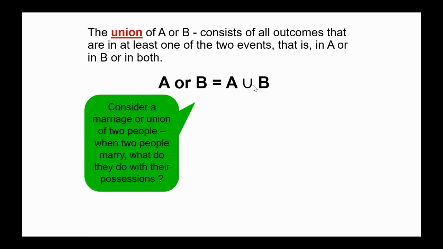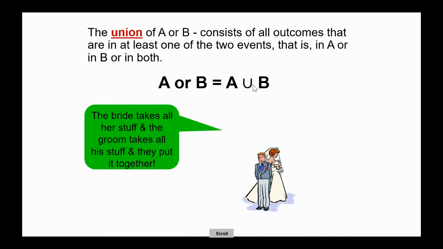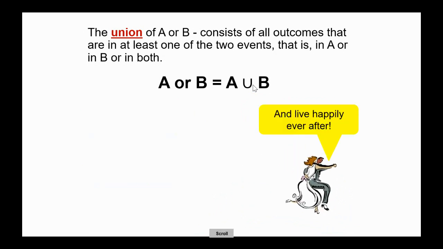So one way to think of a union is consider a marriage or union of two people. When two people get married, what do they do with their possessions? They share them, right? They put them together. So the bride takes all of her stuff, the groom takes all of his stuff, and they put it together.